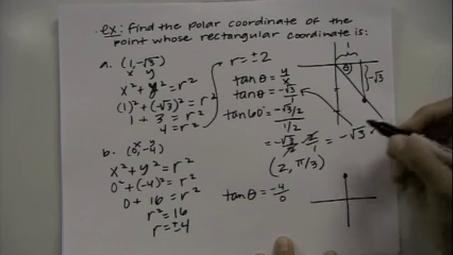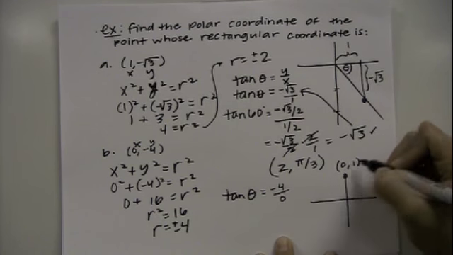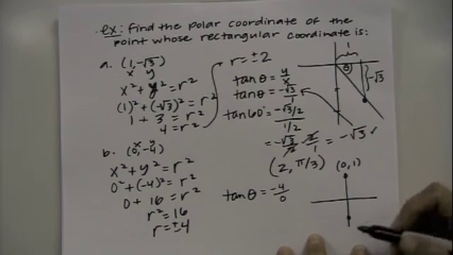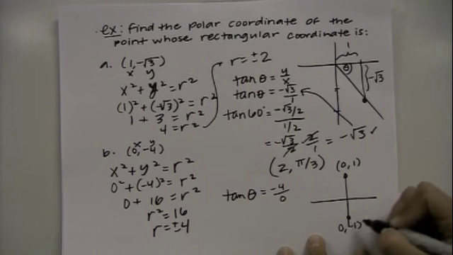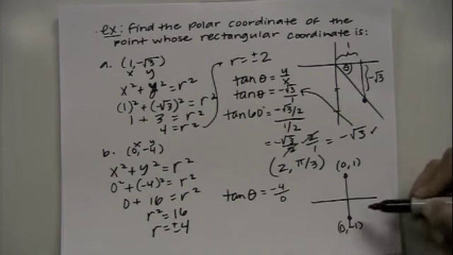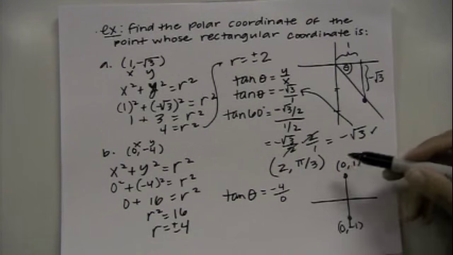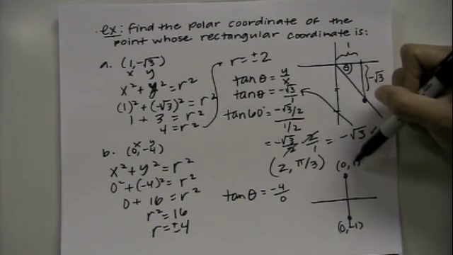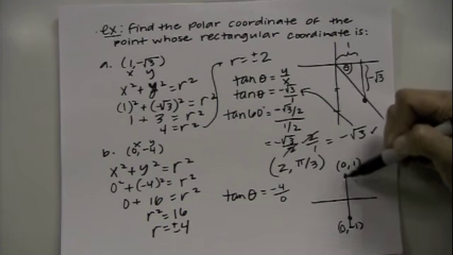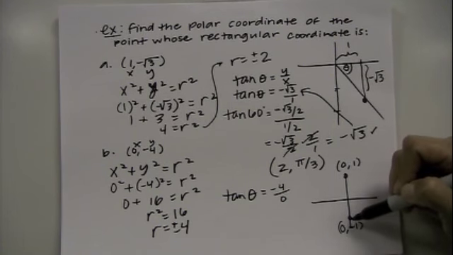If you look at this point up here, 0, 1, or this point down here, just making sure that my picture is still in your viewing window, 0, negative 1. If I'm looking at these two points on the unit circle, either one, because of tangent being y over x, will make it undefined. So we could be at pi over 2, or we could be at 3 pi over 2.